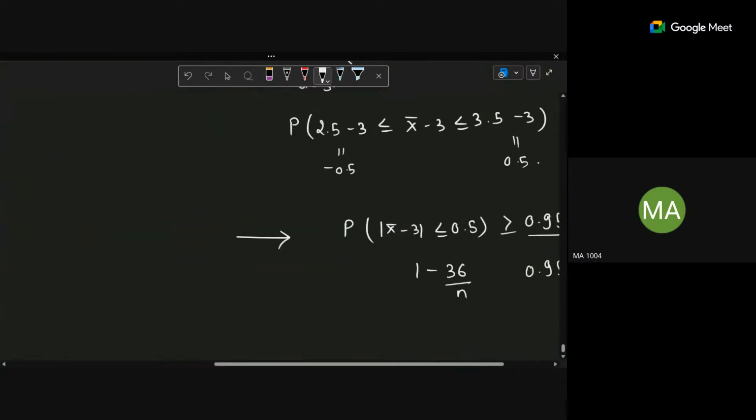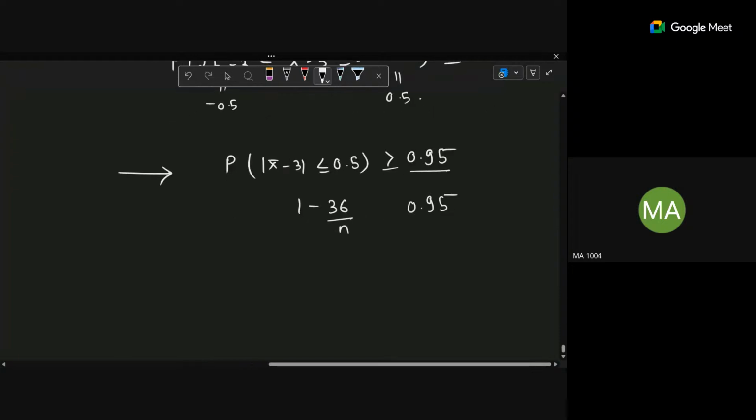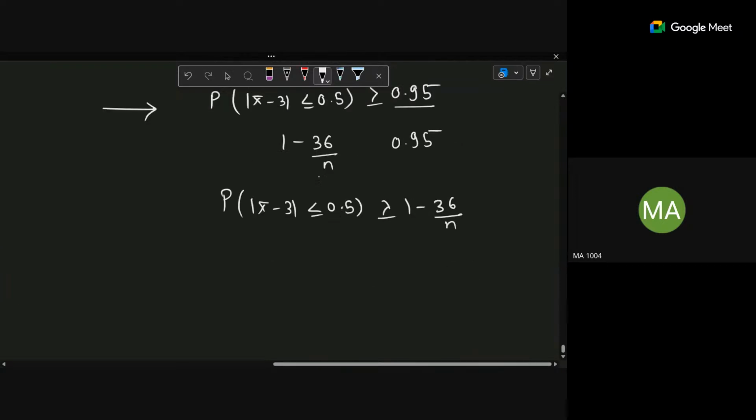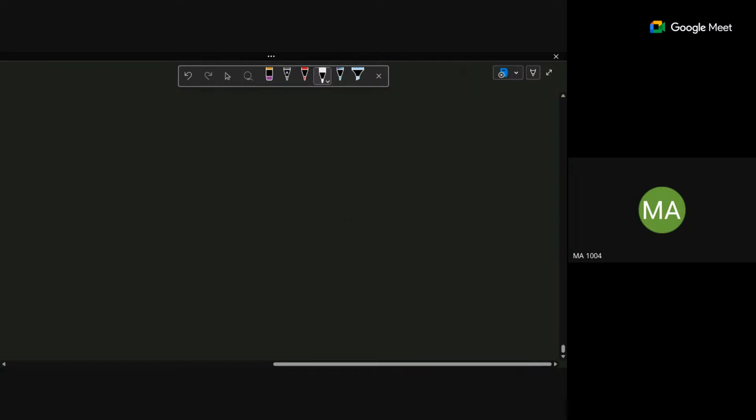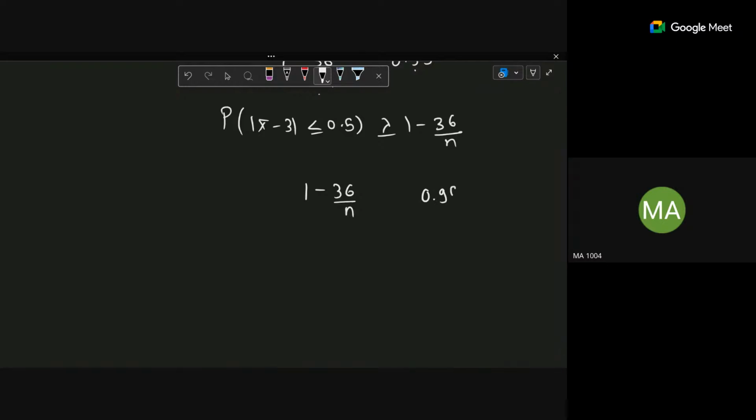From the previous question, we have calculated that modulus of x bar minus 3 less than or equal to 0.5 is greater than or equal to 1 minus 36 by n. So you know two bounds for the same thing. Which one is the stronger bound, 1 minus 36 by n or 0.95?